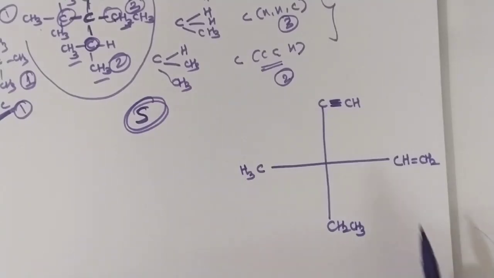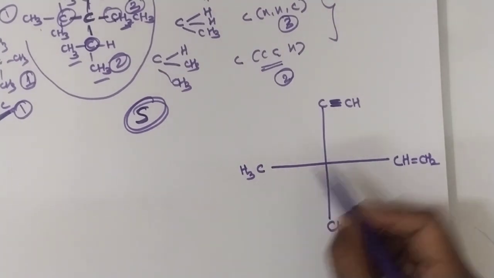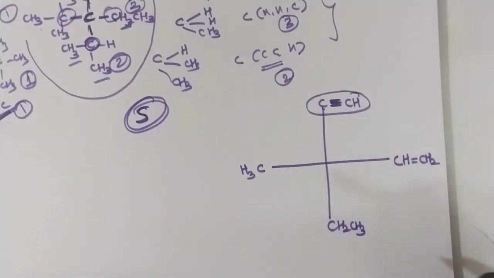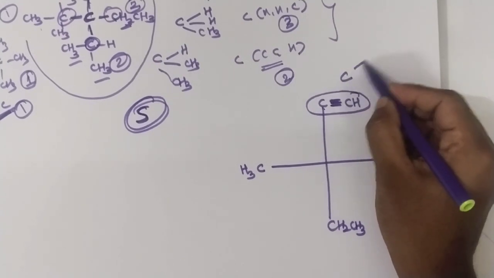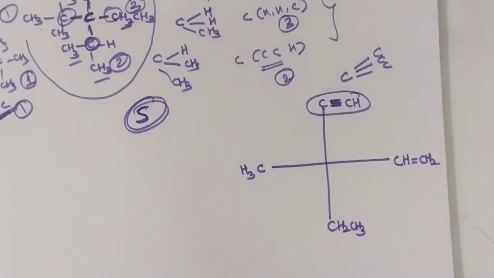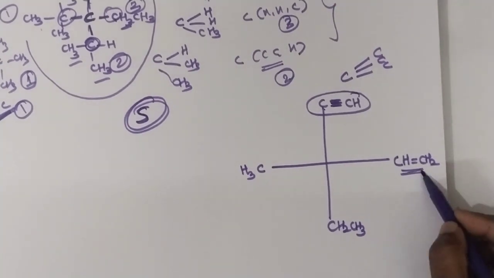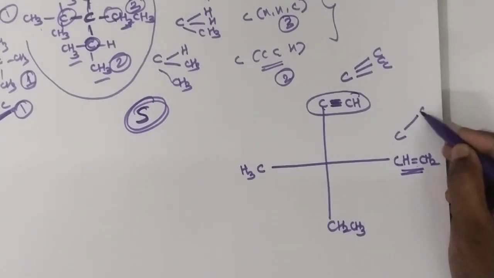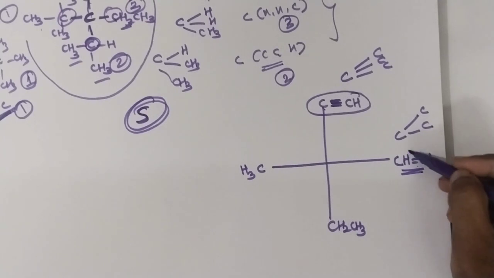Okay, this is the case in which you have to convert the multiple bonds into single bonds. This is also said in CIP rule, right? See, in this case the carbon is attached by a triple bond. So what you have to do, see, 3 carbon atoms. This is how you have to split the multiple bonds into single bonds. And in this case you have a carbon double bond, which means carbon attached to 2 other carbons, and there is a hydrogen.